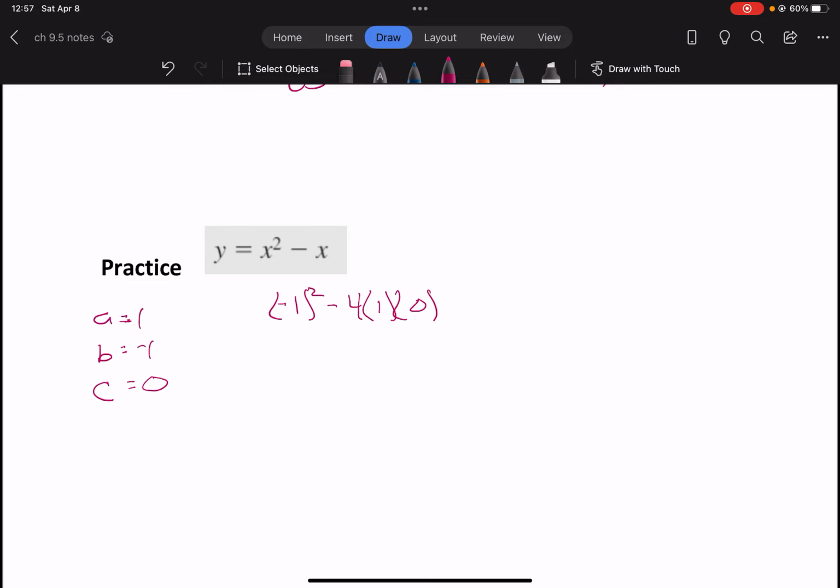Well, this last part, anytime you see a 0 in a multiplication string, is 0. So 1 squared is 1, minus 0 is 1. So 2 x-intercepts. I mean, if you can see, this is not really that bad to do.